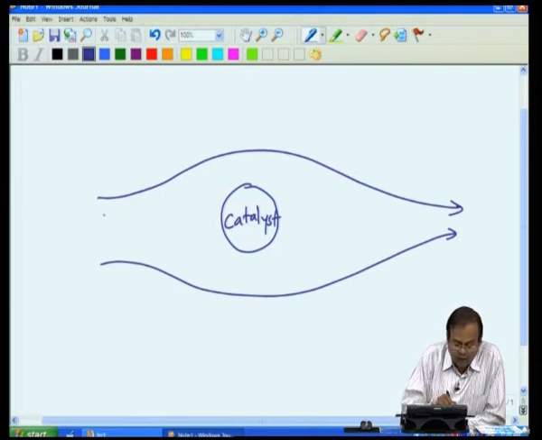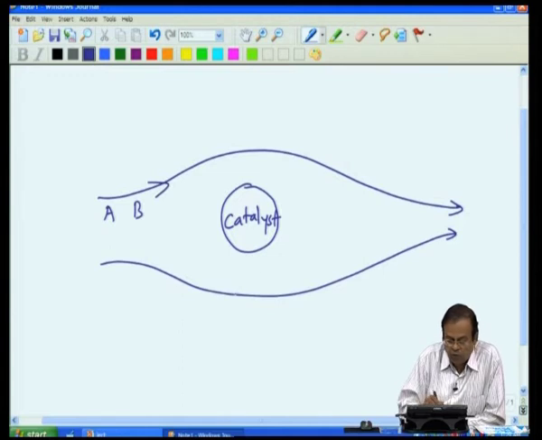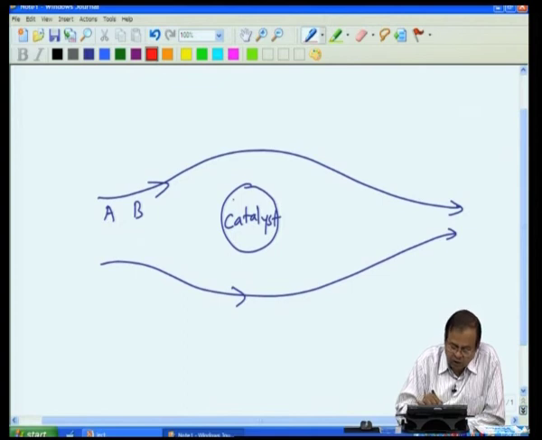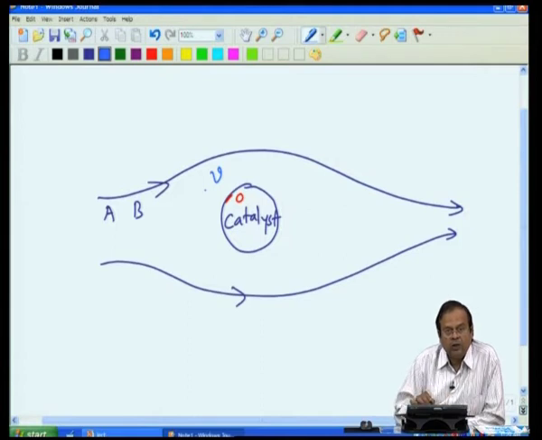Our reactant A and the product B are flowing past this catalyst surface. Now, when we talk about flow past a surface, we talk about the hydrodynamic boundary layer, because the velocity of the gas on this surface is 0 and it is flowing with a certain velocity v outside in the bulk.